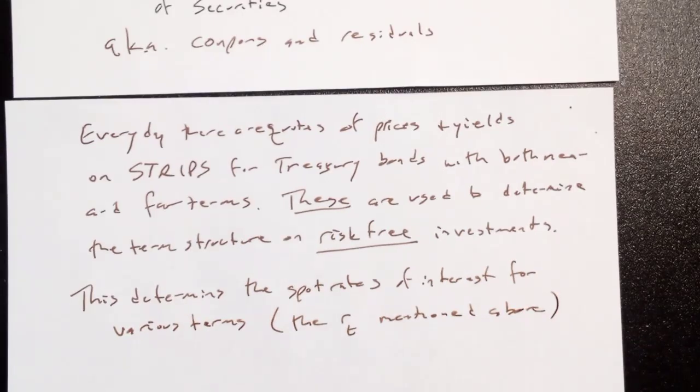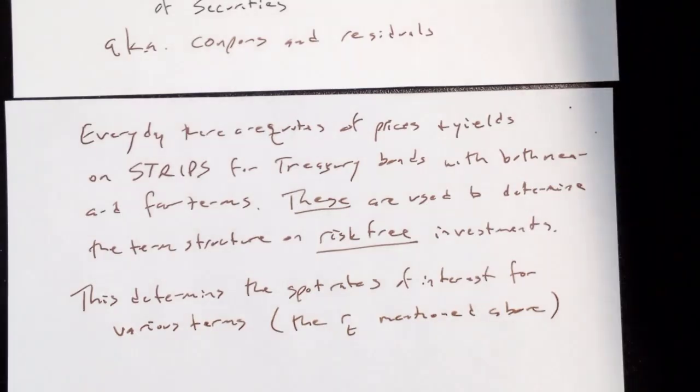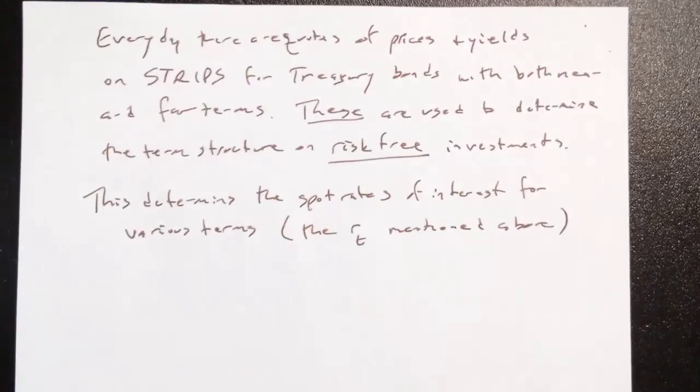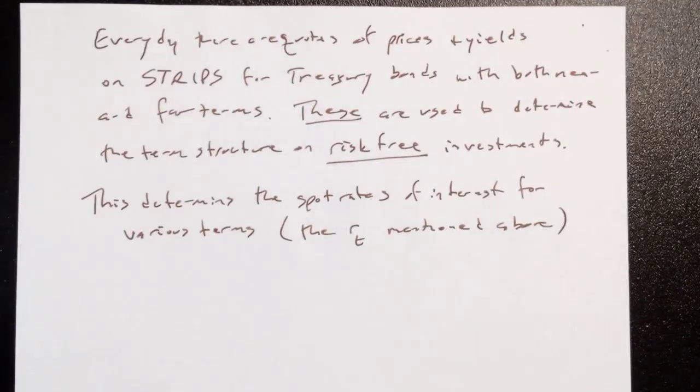So 99.99% of the spot rates we see are based off of how people think about payments that are coming from the US federal government. And when we actually look at the prices on the strips market on that treasury.gov webpage, that's the present value of $100.